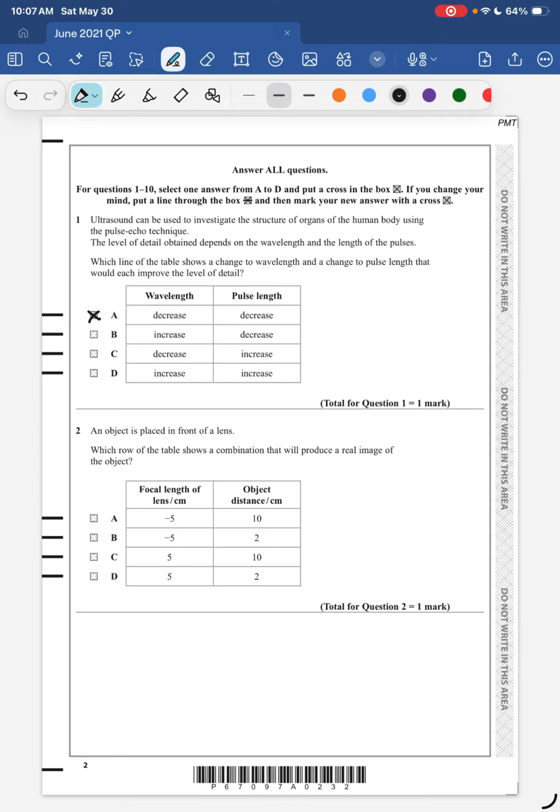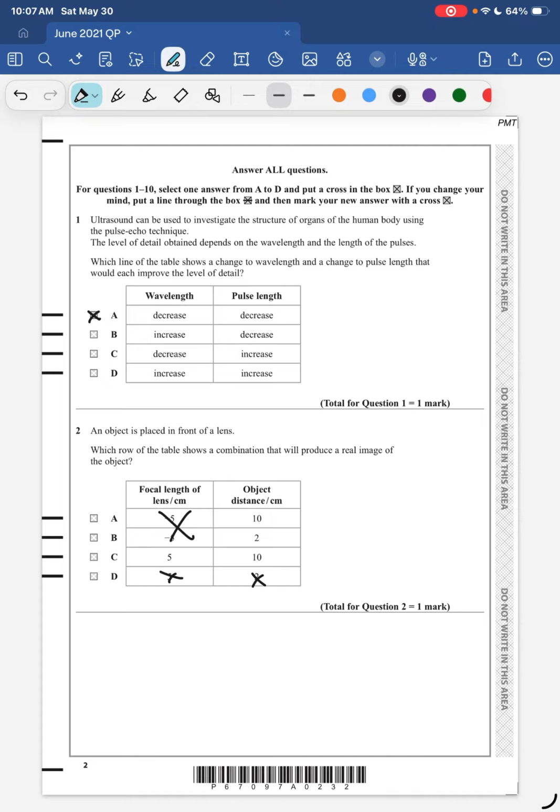An object is placed in front of a lens. Which line of the table shows a combination that will produce a real image of the object? First of all, a real image requires a converging lens. Therefore, the first two options are gone, because those are diverging lenses. Diverging lenses have a negative focal point. And then if the focal length is 5 centimeters and we put the object at 2 centimeters, we don't get a real image either.